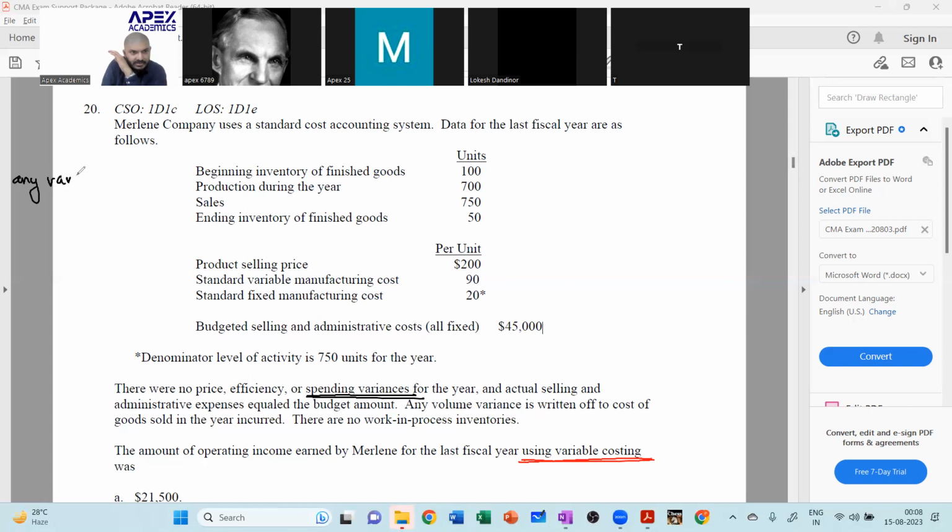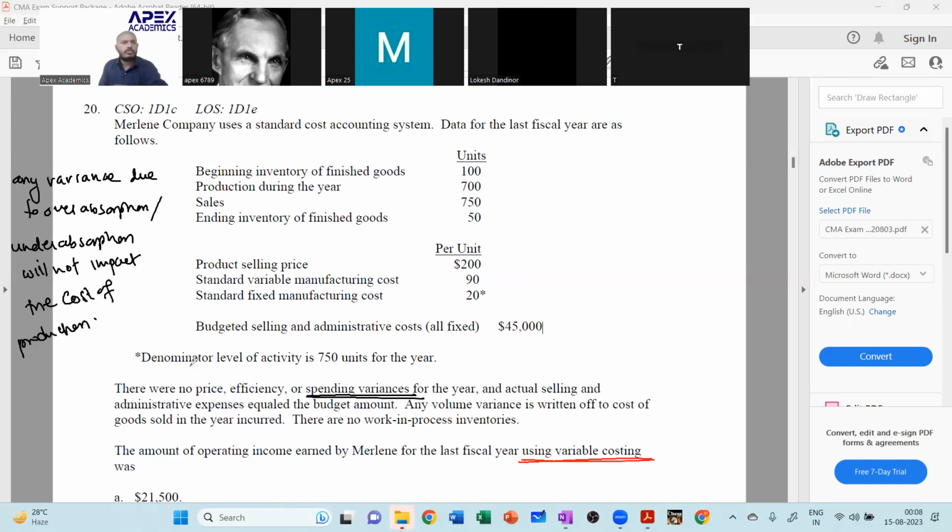Any variance due to overabsorption or underabsorption will not impact the cost of production.